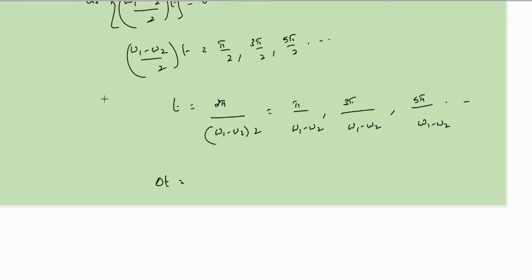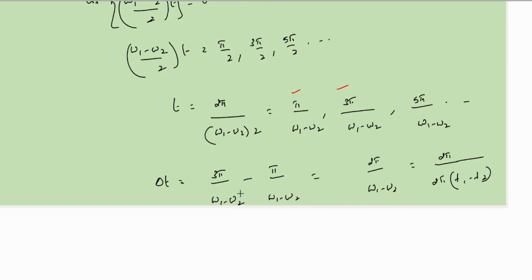Again here, if we find the time interval between two consecutive minima, then delta t would be the difference of any two. Take the difference of this and this: 3 pi by omega 1 minus omega 2 minus pi by omega 1 minus omega 2. The difference of these two would be 2 pi by omega 1 minus omega 2, and if we pull out 2 pi, what remains here is f1 minus f2.